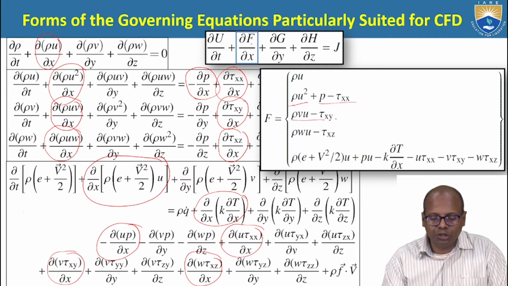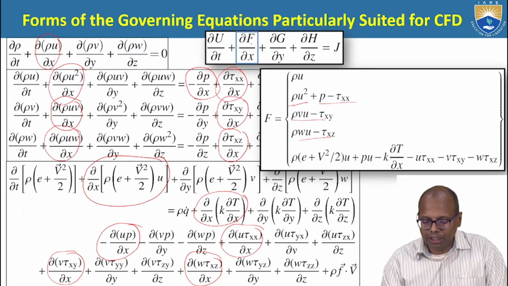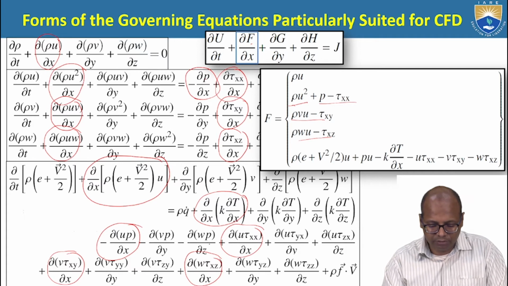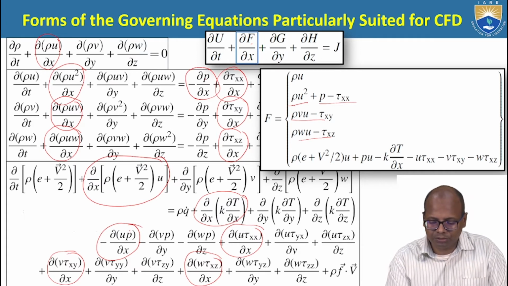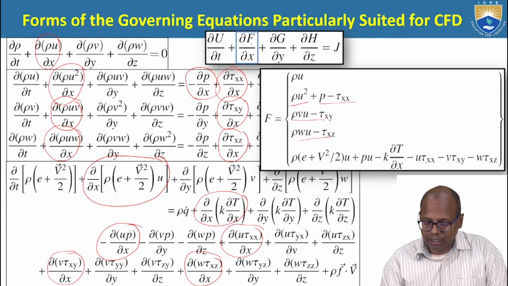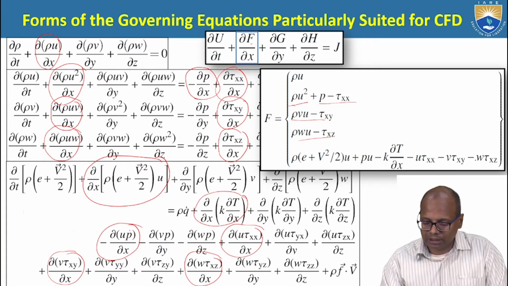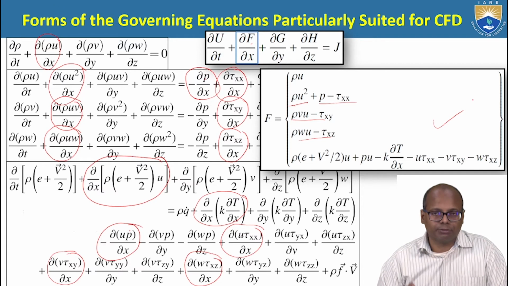Like this, rho uv minus tau xy, rho wu minus tau xz, and rho into (e plus V squared by 2) into u plus pu. Where is the pu? Yeah, this pu comes this side and becomes plus. And here it is plus k dou T by dou x, which will become minus here, and here minus u tau xx minus v tau xy minus w tau xz. So this is the term F.